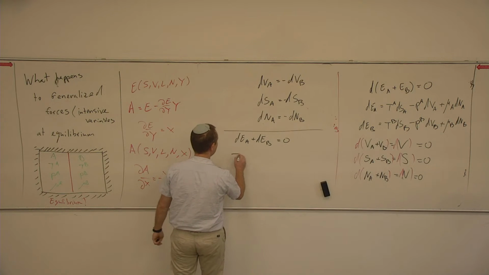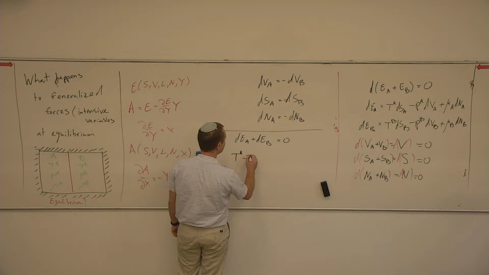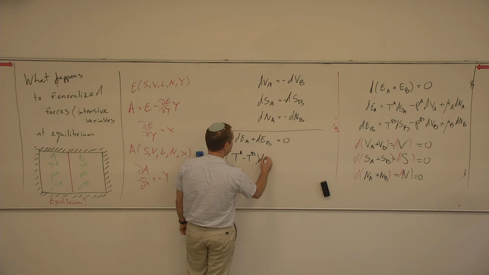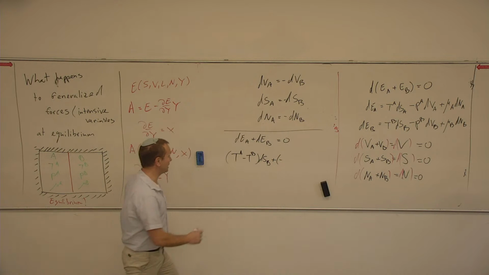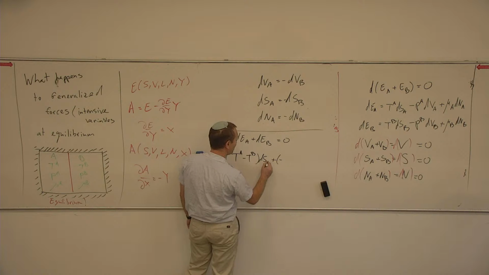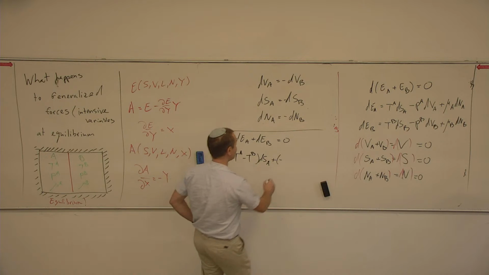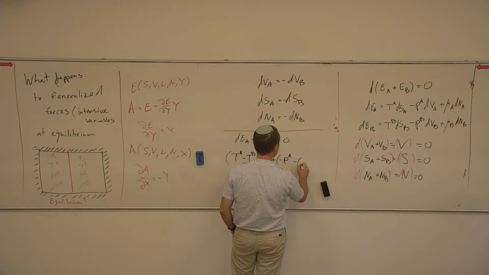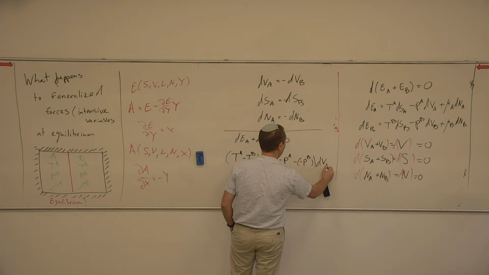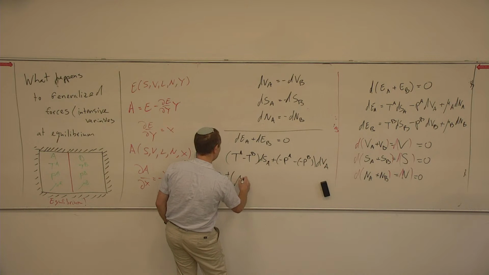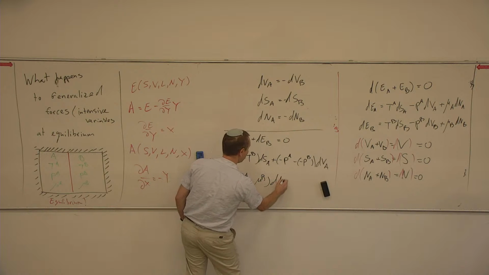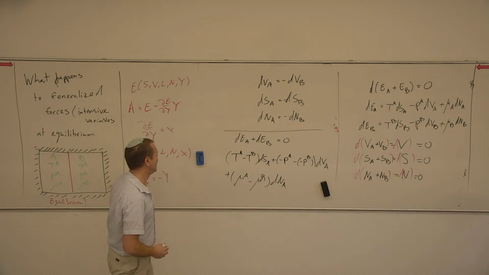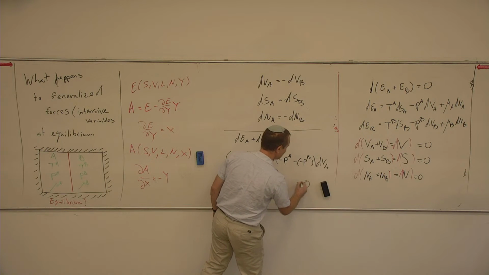So what we have is (TA minus TB) dSA plus, sorry, dSA, yeah, thanks, plus (minus PA plus PB) dVA plus (mu A minus mu B) dNA. So all of this equals 0.